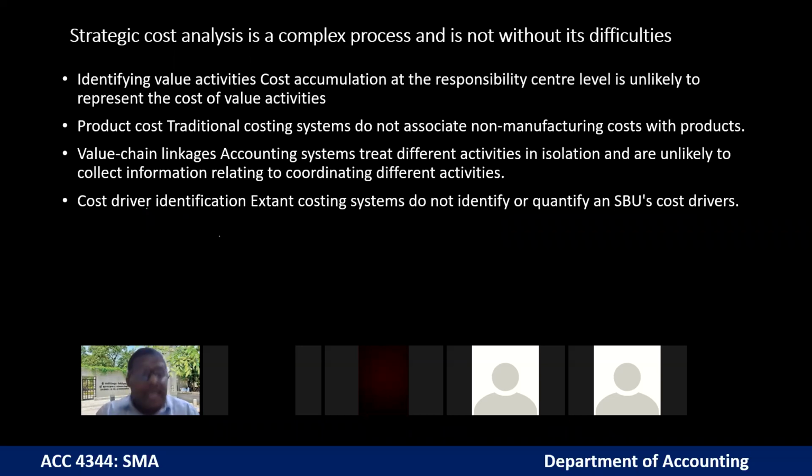That view itself provides a narrow focus, because there may be a huge amount of unnecessary overhead in non-manufacturing cost to which we didn't pay any attention. We paid attention only to the manufacturing cost. So traditional product costing is no longer helpful for strategic cost analysis.